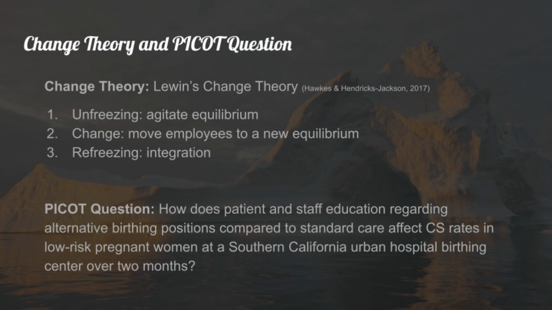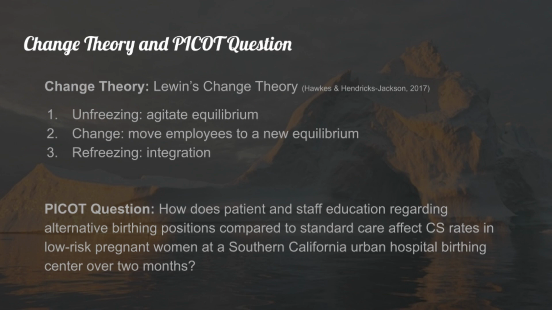And so the change theory that I will be applying throughout this project is Lewin's change theory, which involves three phases. The first is the unfreezing phase, which is the agitation of equilibrium. So identifying stakeholders is really important in this phase and really motivating them towards the need for change.